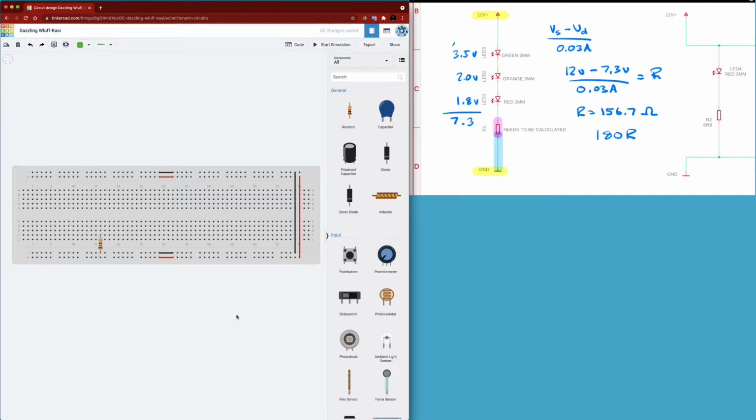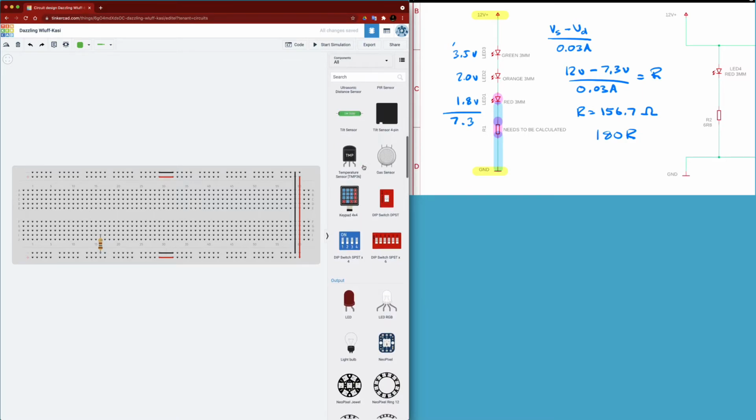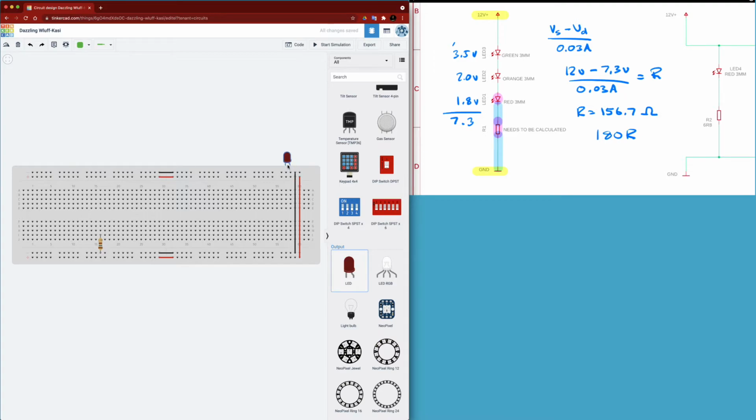Okay, well, the other side of the resistor, as we can see, is connected to the negative side of this LED right here. So I need to go find an LED, which is right here. And on this LED, it's got two legs. The straight leg is the short one, and the bent one is the long one.